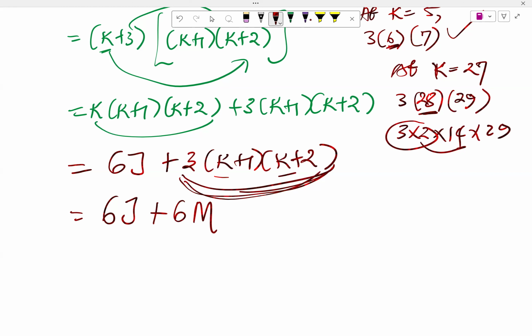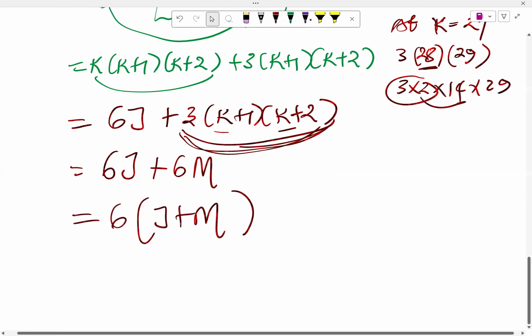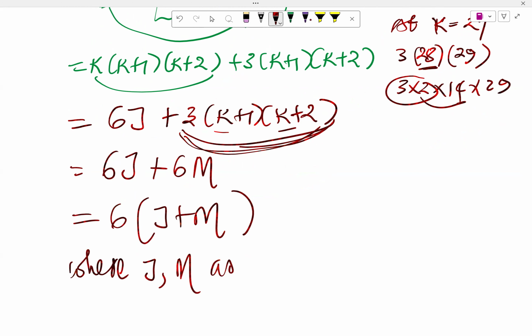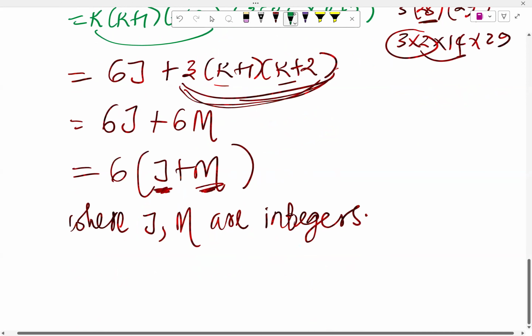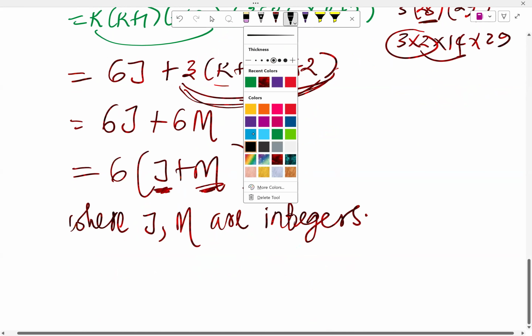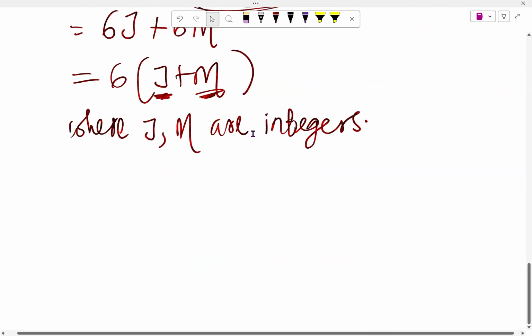So at the end of the day, you have 6 into j plus m, where j and m are integers. They are confirmed integers from all that we have done, because we assumed this, and then here, this is very sure to be an integer because you can always factorize 6 out of it. So with that, we have confidence that all the conditions have been satisfied.